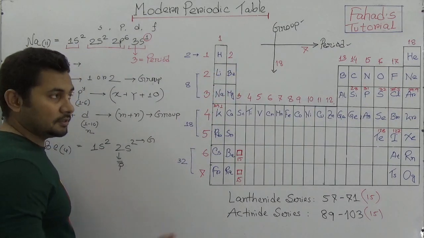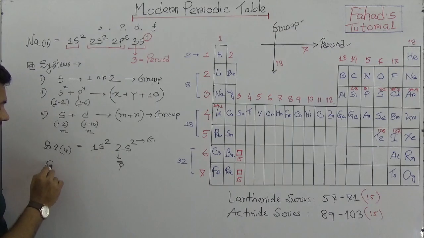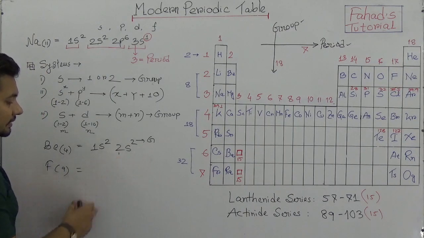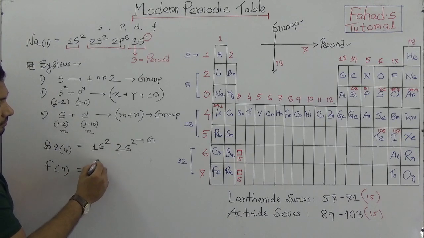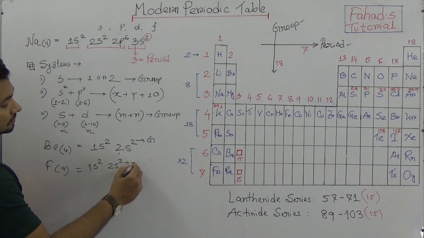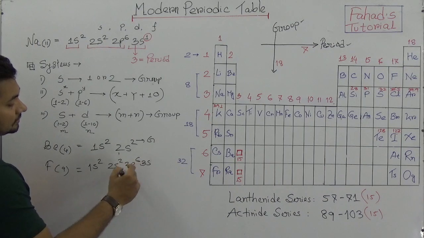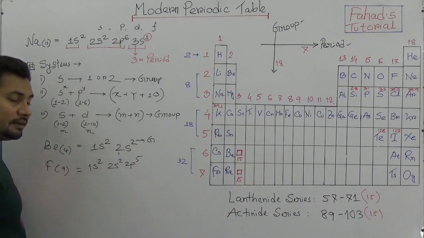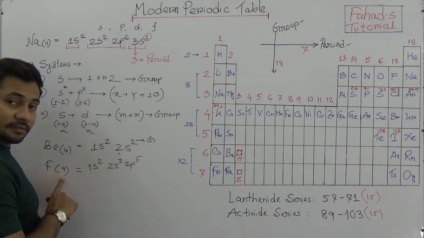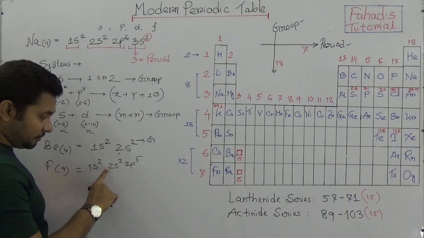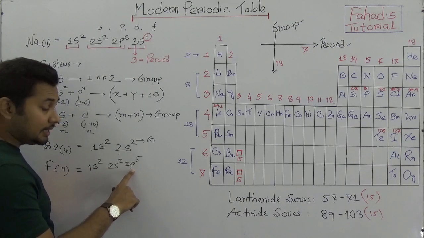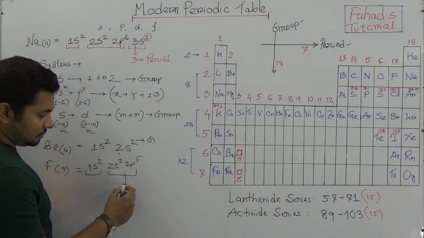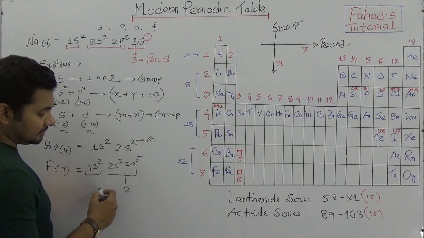If I go for fluorine, which is 9, this should be 1s2, 2s2, 2p6, no, it will be 2p5. Now you see that the electron configuration of fluorine goes to s and p orbital, and there are only 2 outermost shells, so this is the second period.